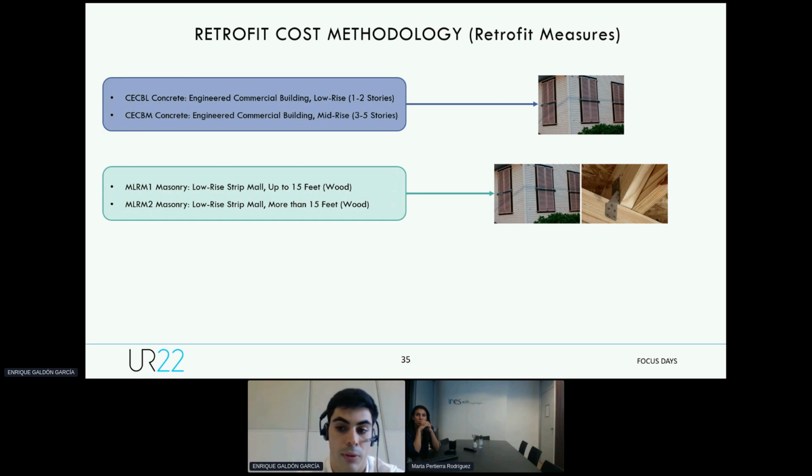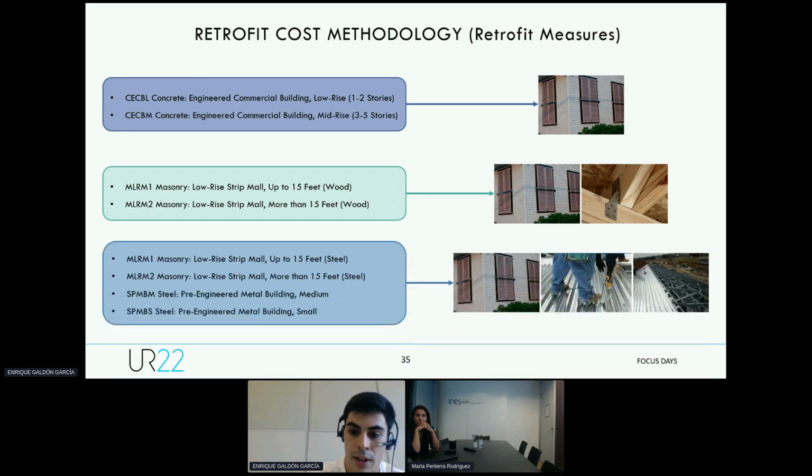For example, if we have two nails or a screw, we can improve these anchors using straps. And finally, we have the buildings that are also masonry, but in this case they have a metal roof, and the steel buildings, where all the structure is steel, including the roof.